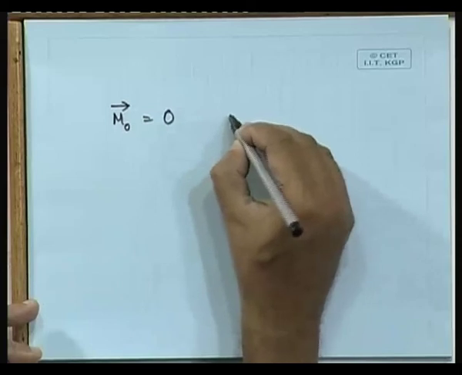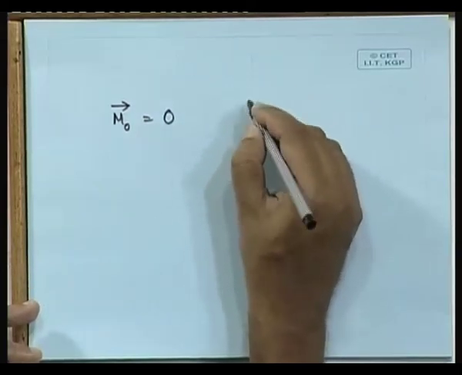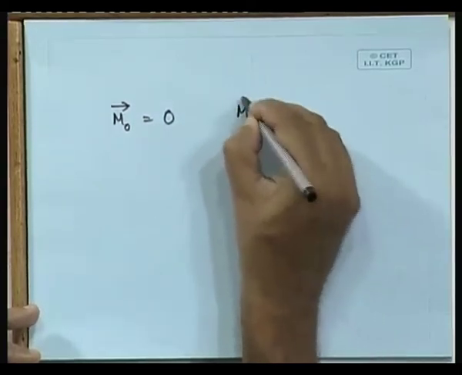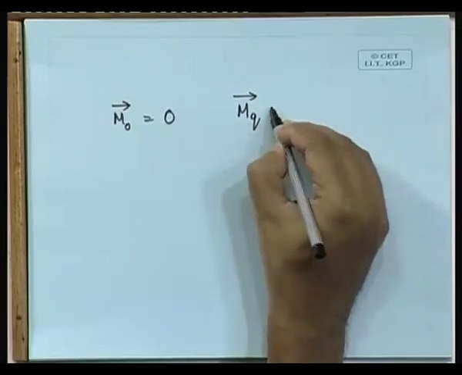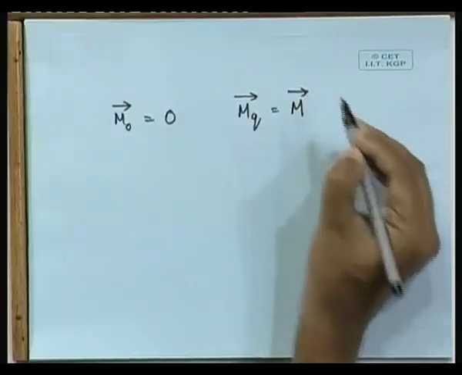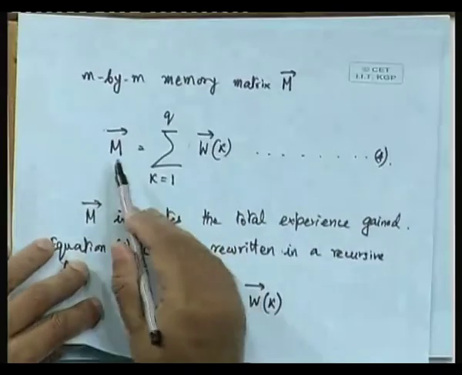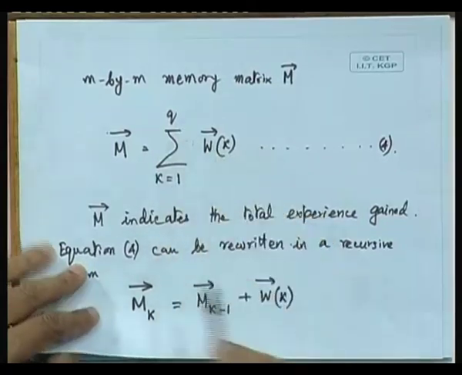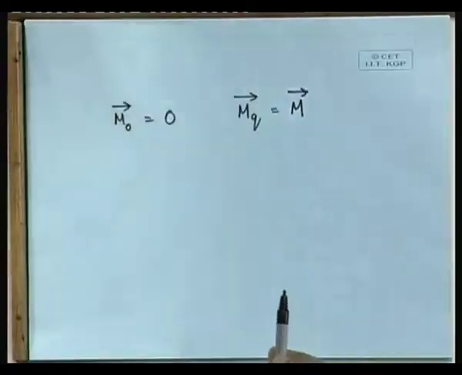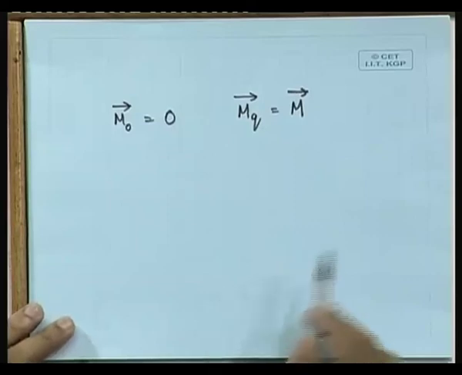And finally, since we are assuming q number of patterns, the experience that we gain after feeding the qth pattern will be nothing but the M matrix, given that the M matrix definition is the summation from k equal to 1 to q of this wk. So these are the boundary conditions.